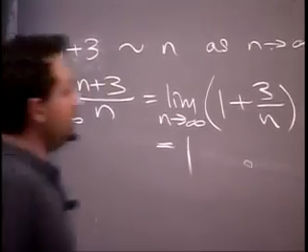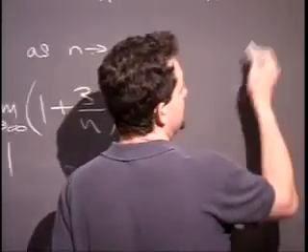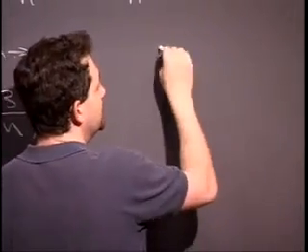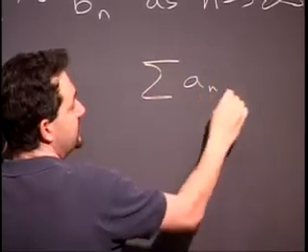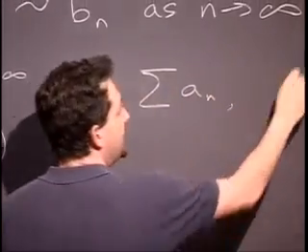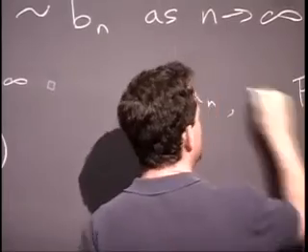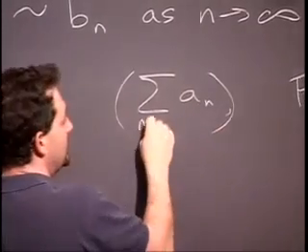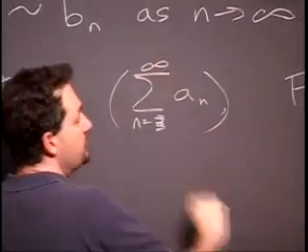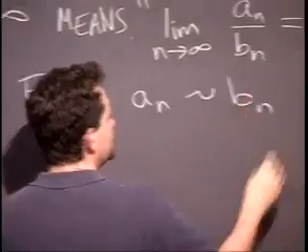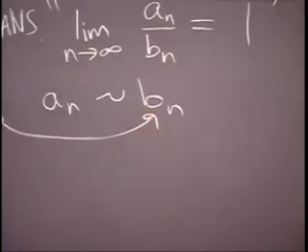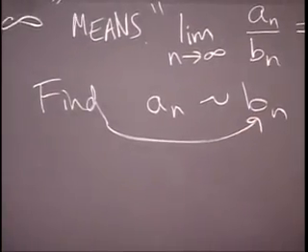Now, given that, here's the theorem. Here's the limit comparison test. So if you want to understand this series, the series we're working with, sum from n equals something to infinity of an, find an twiddles bn, where bn is simpler.